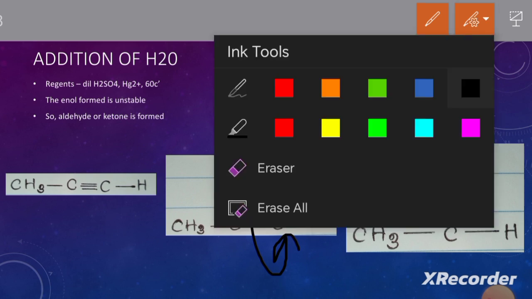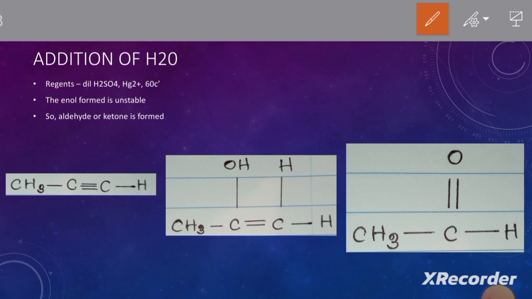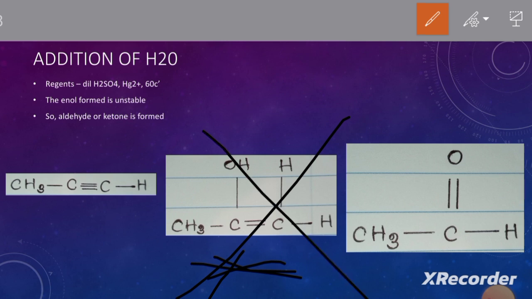But you should remember that in organic conversions, we do not want to write this enol. No need of this. We should directly write the aldehyde or ketone formed by the addition of diluted H2SO4 to the alkyne.